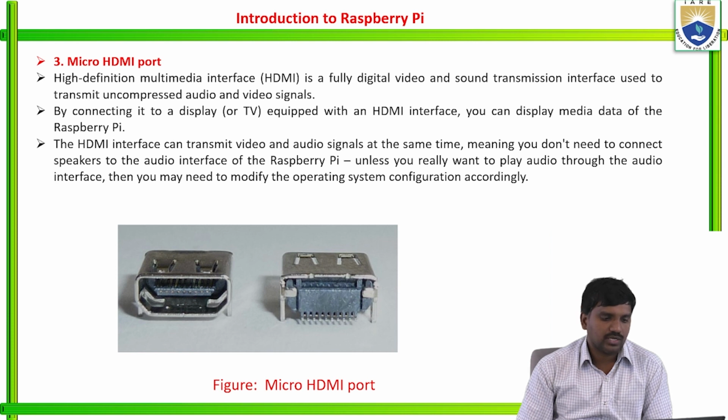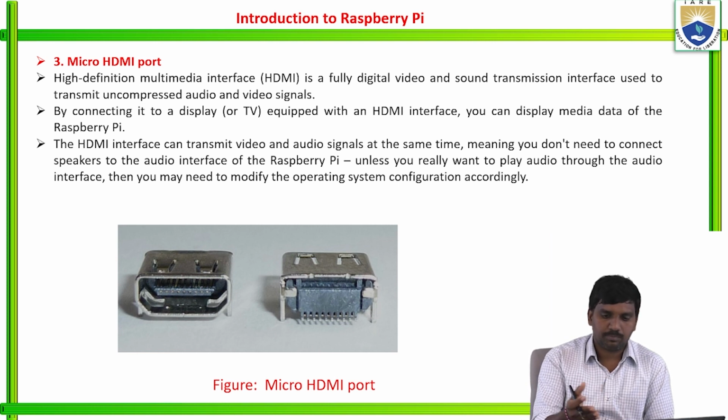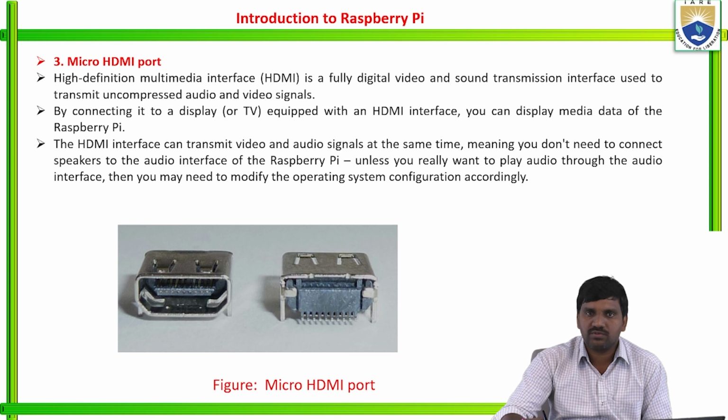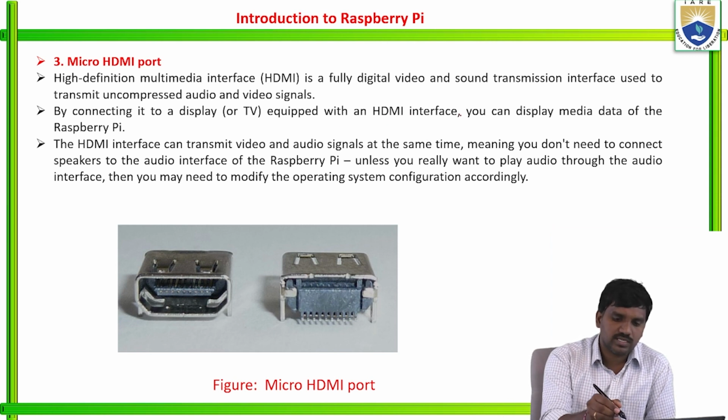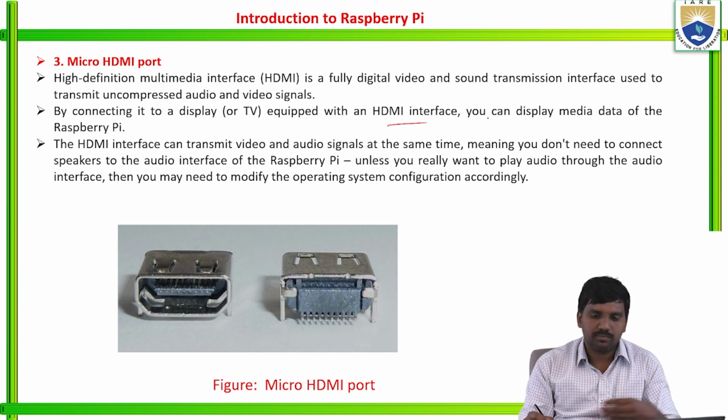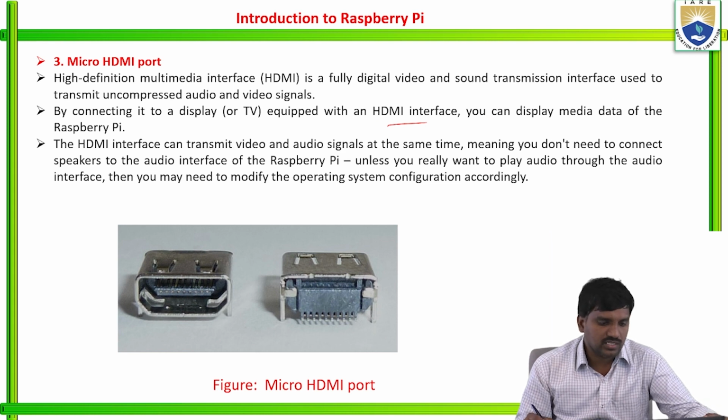The third one is the micro HDMI port. High definition HDMI is fully digital video and sound transmission. This board can also be connected to a TV with the help of an HDMI cable. By connecting to a display or TV equipped with an HDMI interface, we can display media data from the Raspberry Pi.